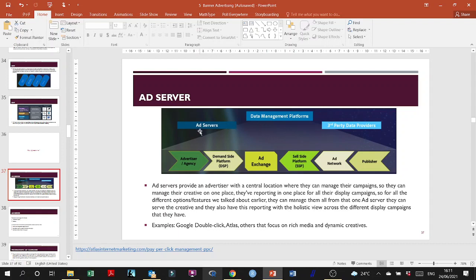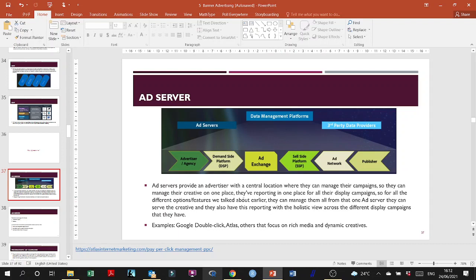So now we have an ad server. We have multiple ad servers in fact, and the ad server usually provides an advertiser with a central location where they can manage their campaigns, so they can manage their creative in one place. They also have reporting in one place for all their display campaigns.